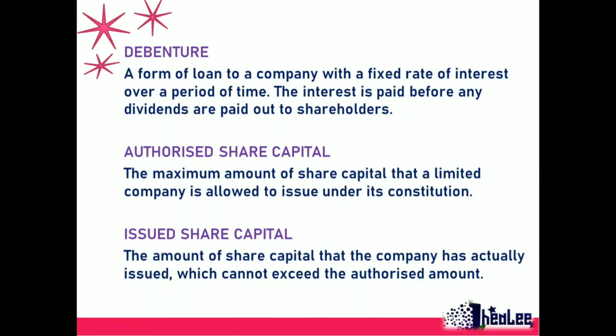If within the business or within the question you're seeing, the company issued shares of 100,000, it means that the company sold 100,000 shares. But the issued share cannot exceed what the company is authorized to sell. Okay, it can be below or the exact amount that the business is authorized to sell, but it cannot be more than the authorized share capital.